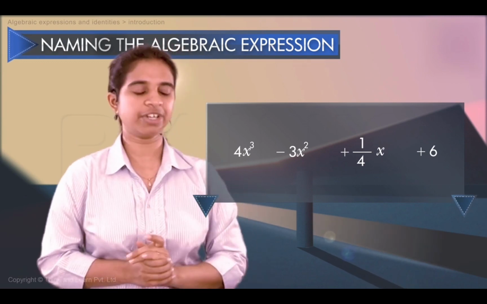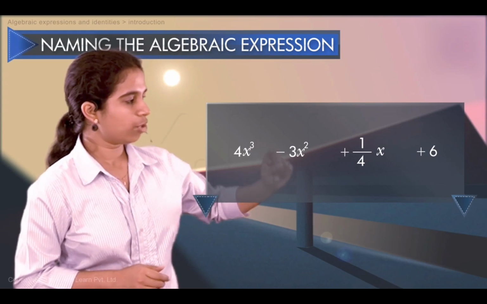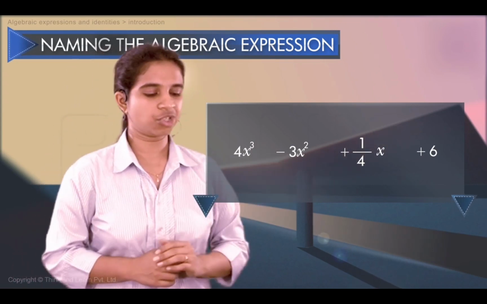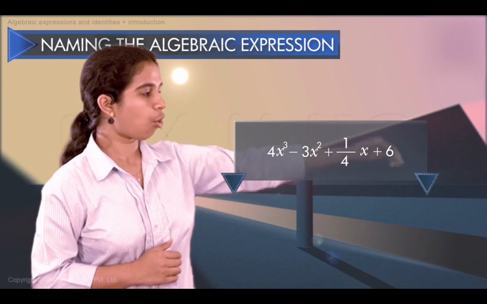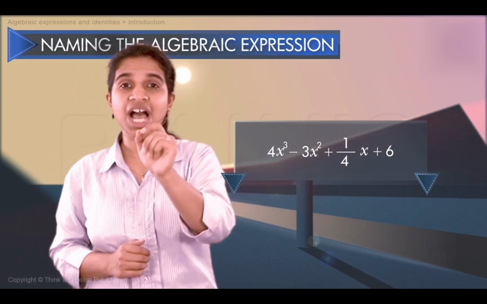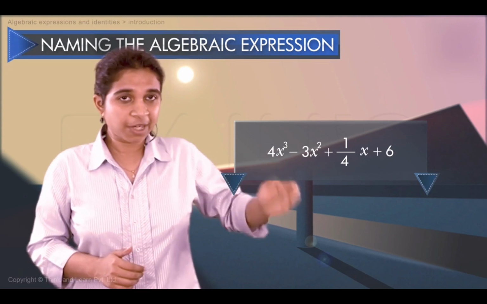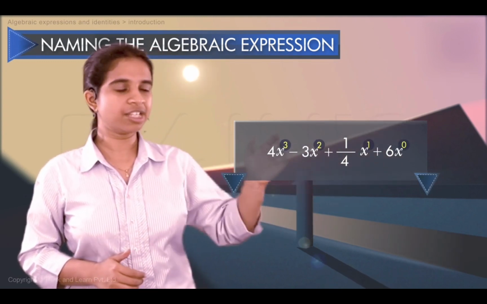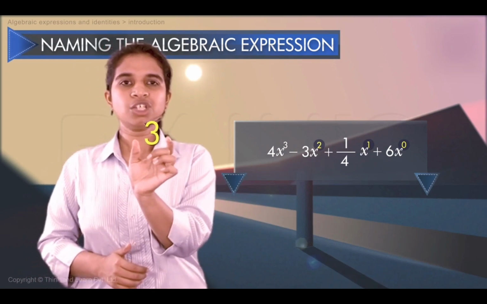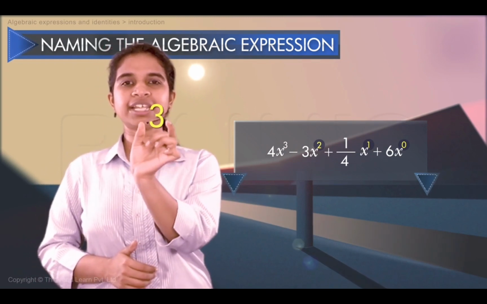There's just one more term we need to know. Now we know the exponents of each of these individual terms. What if you look at all of these terms together? If you look at all of these terms together and pick out the highest exponent, this one had exponent 3, this one had 2, 1 and 0, right? Let me pick out the highest of these, that will be 3. So I pick the highest exponent and I give it a name.